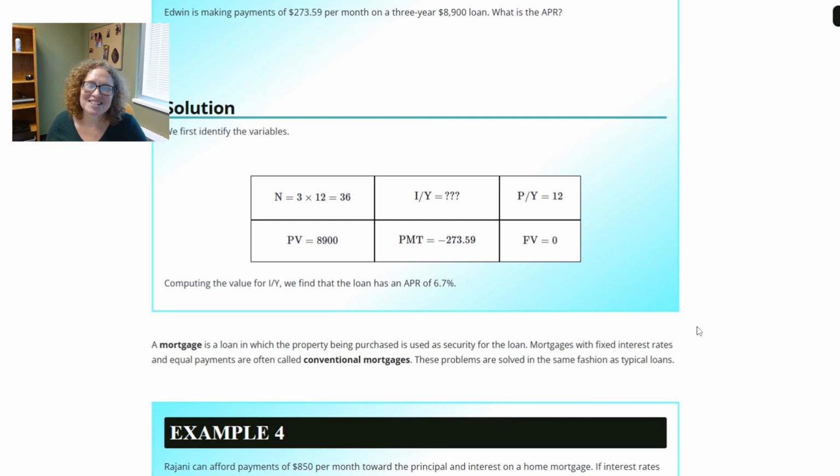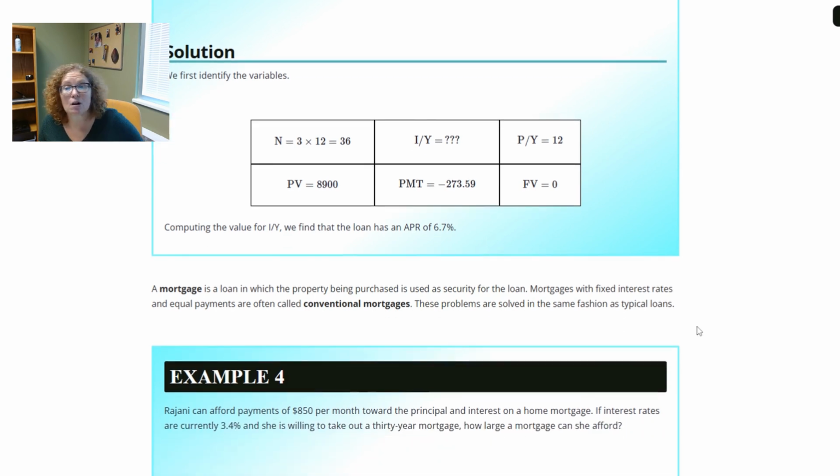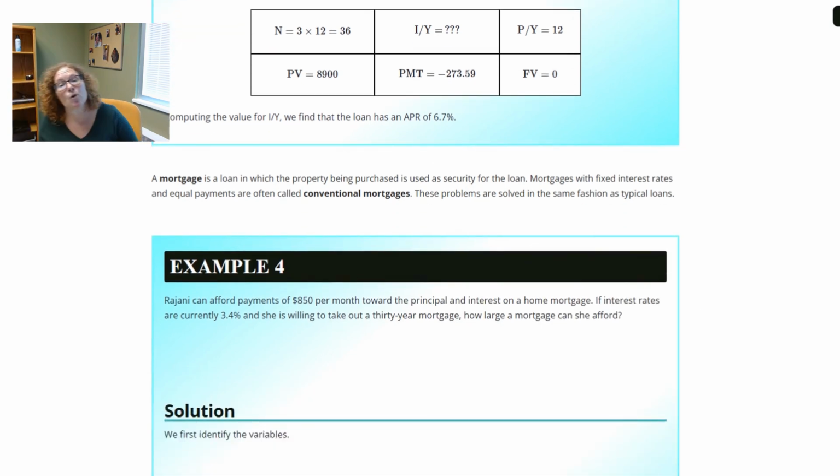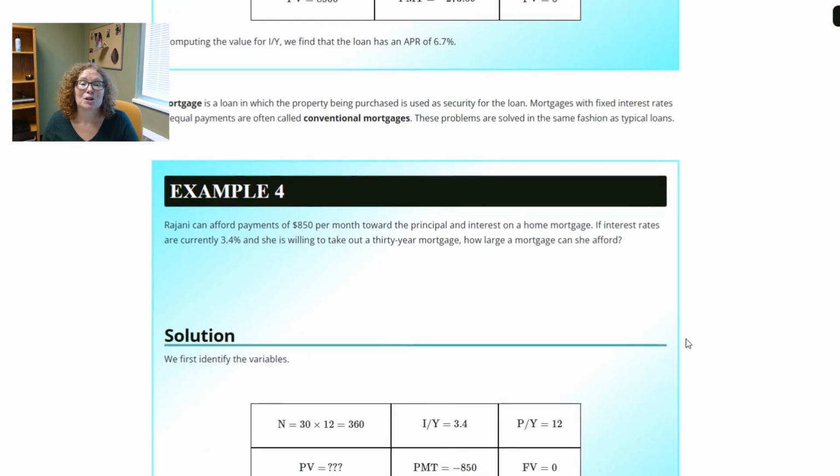So we have mortgages. It's what you have when you buy a house, and the house is the security for the loan. We have mortgages with fixed interest rates, which is what we're going to talk about right now, and equal payments that are called conventional mortgages. And those are solved in the same way as the typical loans.